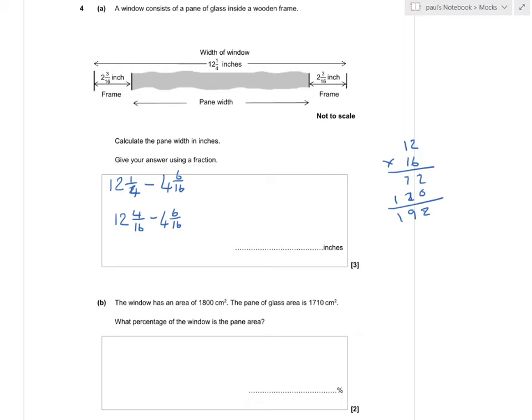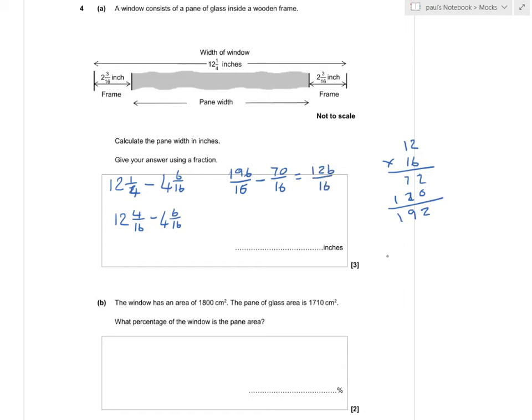Plus 4 is 196. So we've got 196 over 16. Take away 70 over 16. And that will equal 126 over 16.